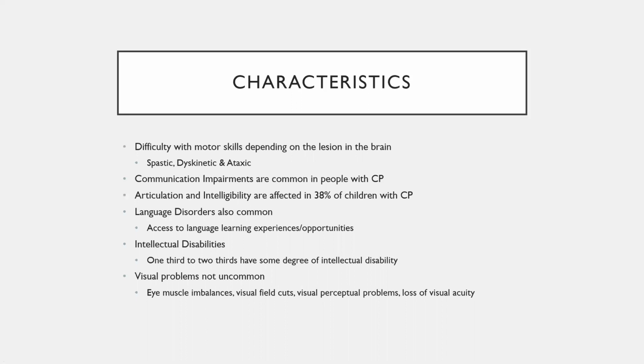We can certainly tackle some visual problems and challenges when we're using a high-tech AAC system. We have the ability to align icons all the way to the left or all the way to the right to accommodate for that visual field cut. And when it comes to the perceptual problems or loss of visual acuity, we're thinking larger icons, changing the color schemes and themes so that the icons become more easily recognizable.